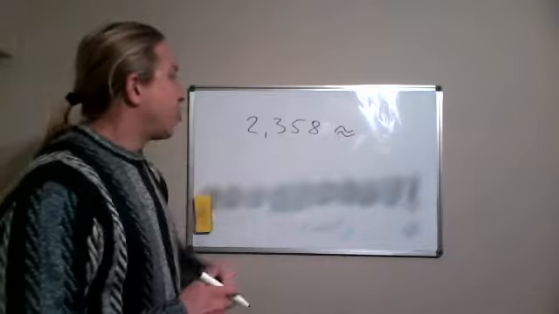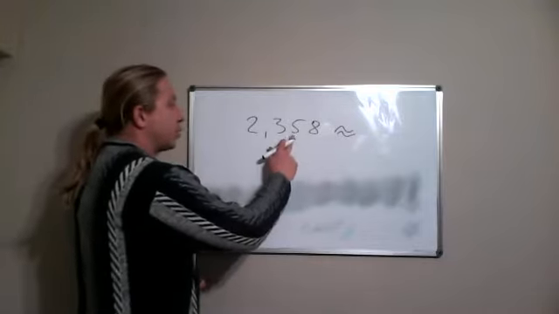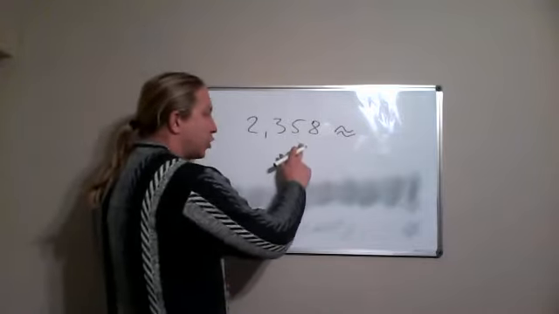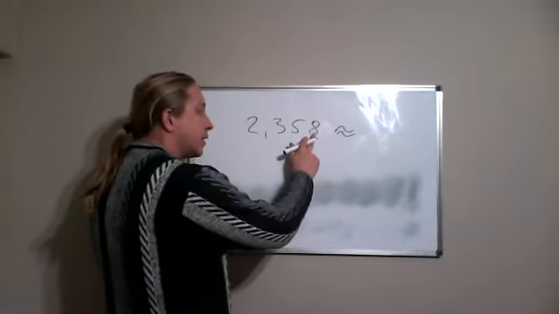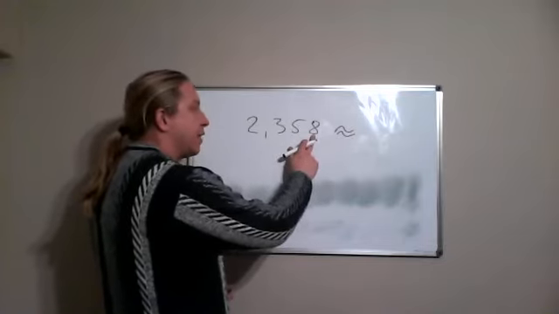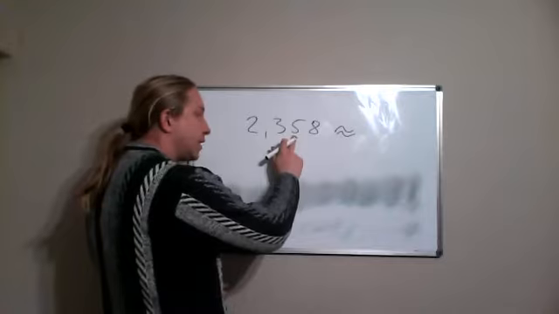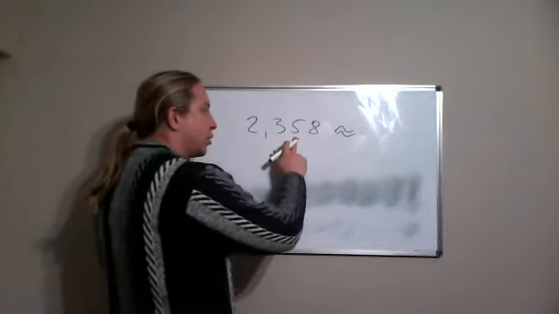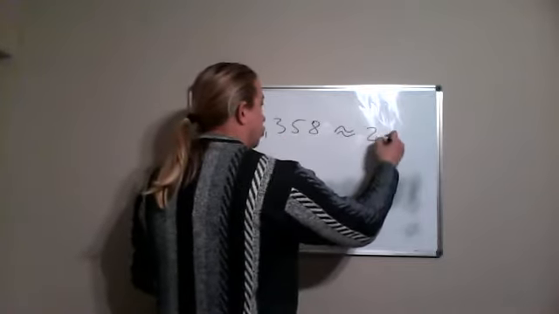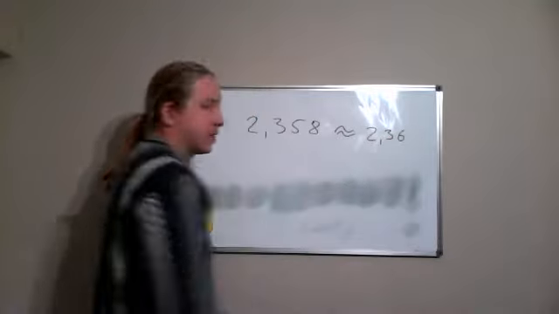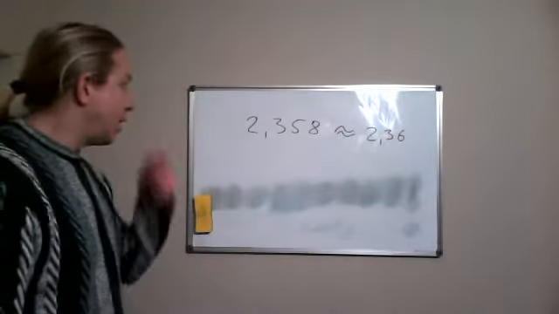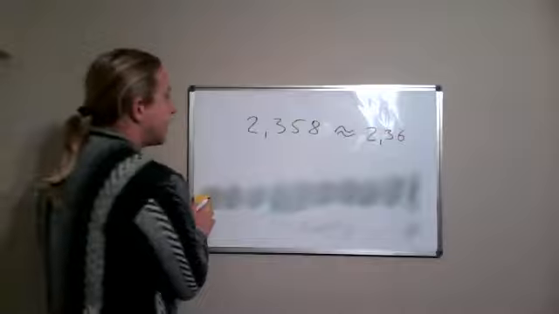So this is an approximation. So now we're rounding off to 2 decimal places. I look to the number to the right. This number is bigger than 5. Therefore, I increase this number by 1. So therefore, my approximation is 2.36.